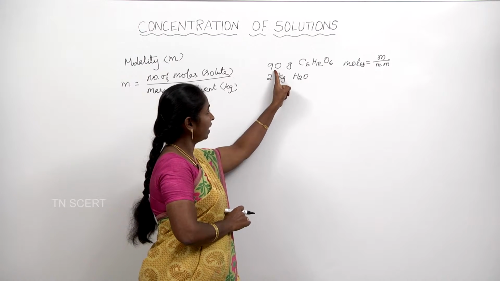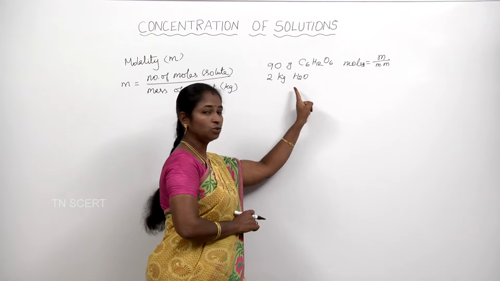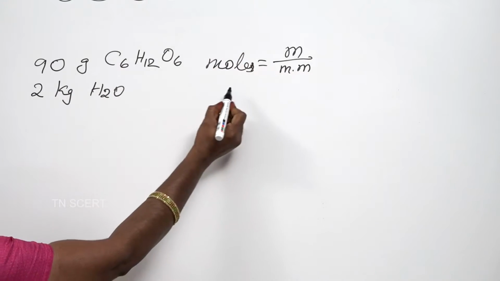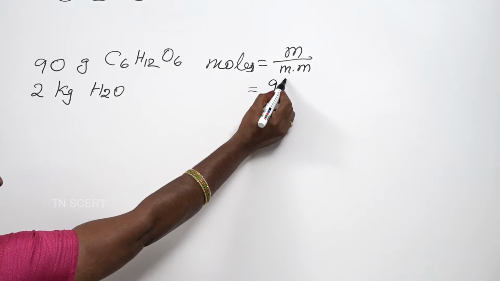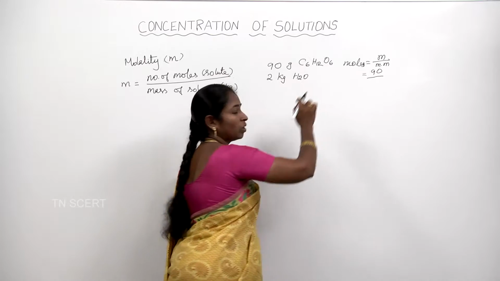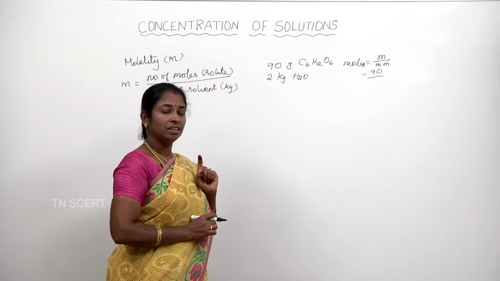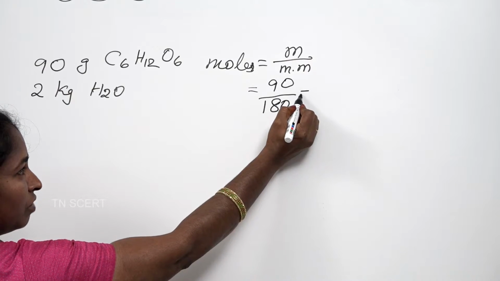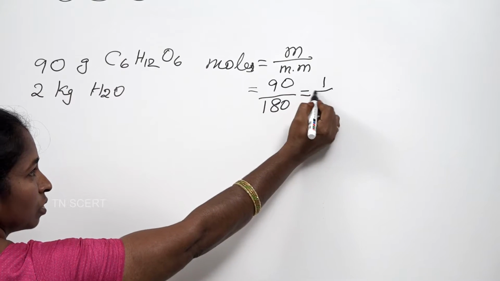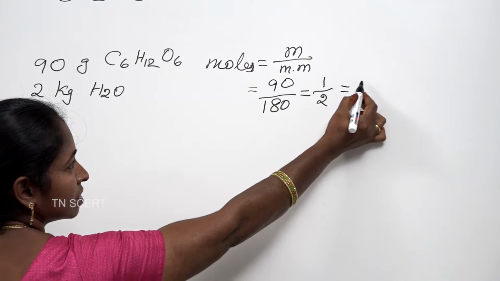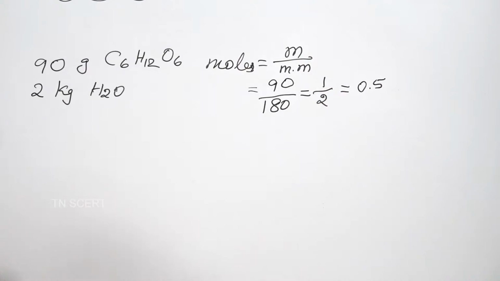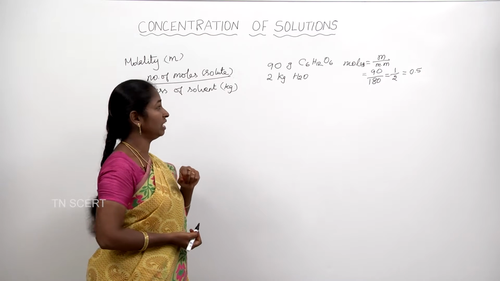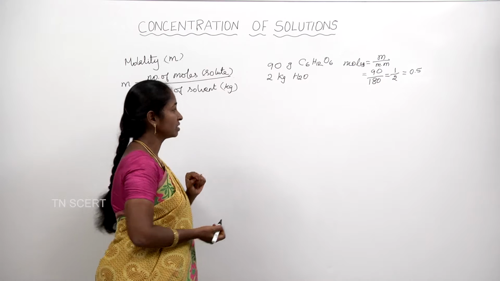So, here 90 gram of glucose is dissolved in 2 kilogram of water. What is the number of moles of glucose here? Mass is 90 divided by what is the molar mass of glucose? Yes, 180. So, number of moles is equal to 1 by 2, that is 0.5. 0.5 moles. So, 0.5 mole is present in how many kilogram of solvent? 2 kilogram of solvent.